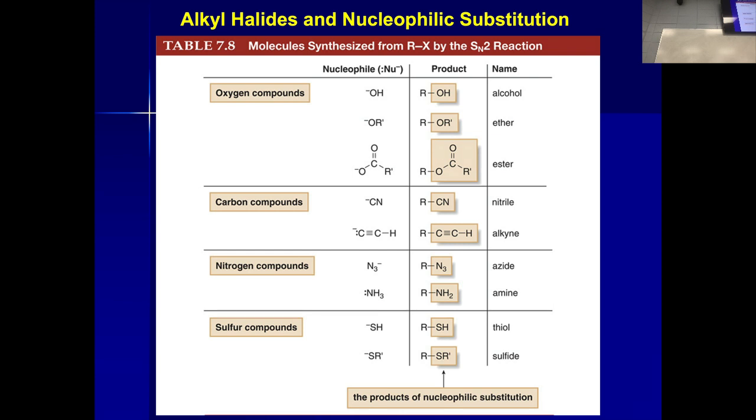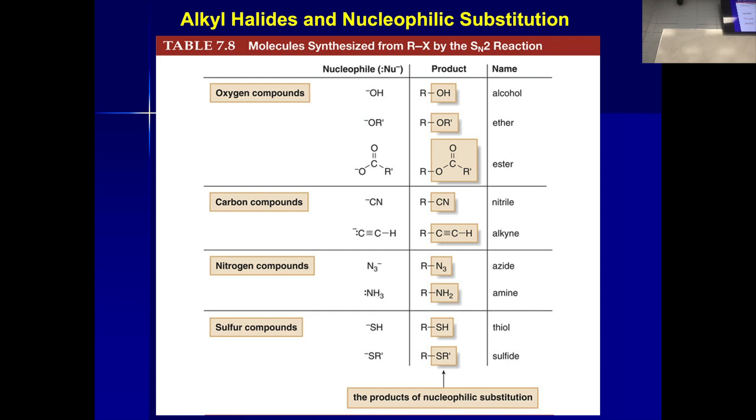So here's a list of nucleophiles. I told you that there were several. You need to have these kind of memorized, even though the R's can always be different, but focus on the nucleophilic atom. So we have oxygen-containing nucleophiles. I can react those with alkyl halides, and I can make things like alcohols, ethers, and esters.